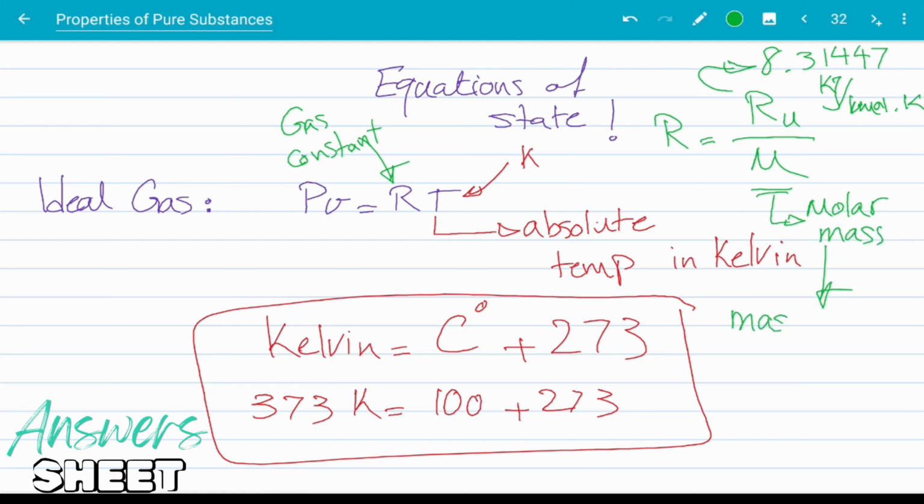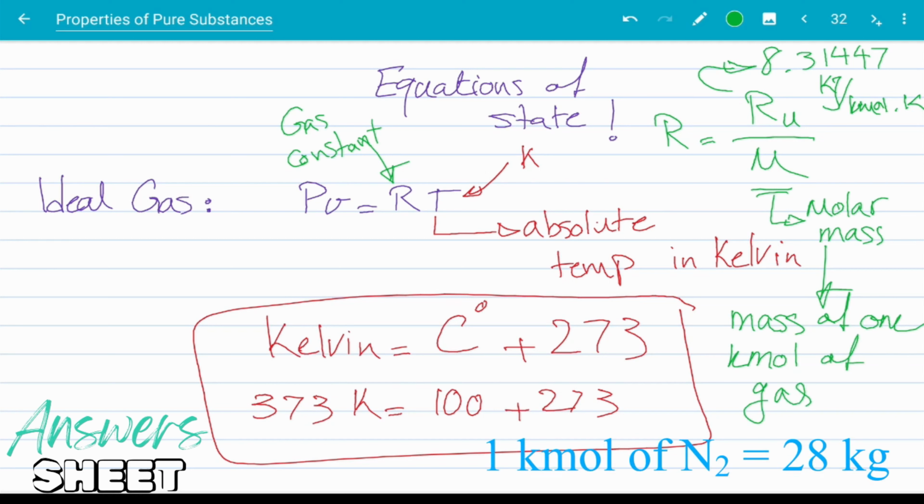Molar mass is the mass of 1 kilomole of gas. For example, 1 kilomole of nitrogen is 28 kilograms. The values for the gas constants are usually given in tables, so don't really worry about the molar mass and the universal gas constant and things like that. Usually the R, or the gas constant, is given.